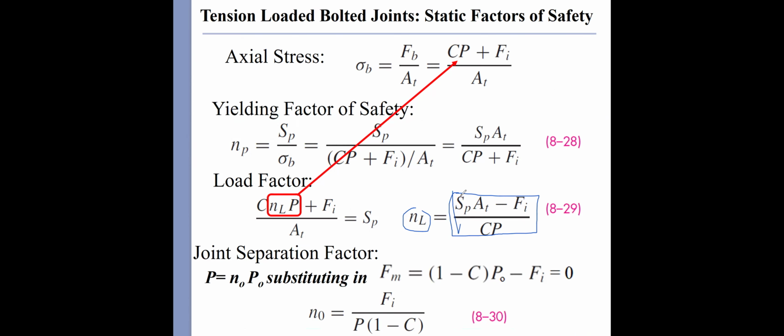How much the external load P is permitted to apply can be defined by the load factor.